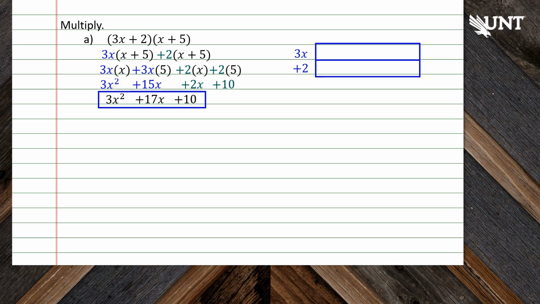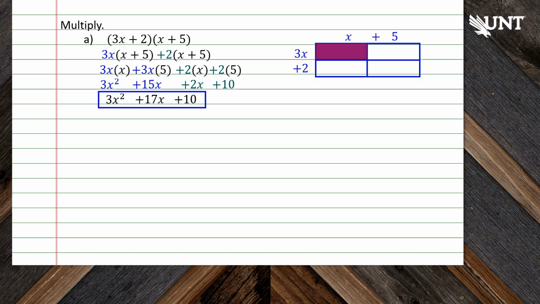Now it's multiplying a binomial of x plus 5. So across the top, above the top row, we write x plus 5. And since it is a binomial, it means we will have 2 columns. All right, now we need to find the area of these 4 separate regions. Starting in the upper left, the dimensions are 3x by x.